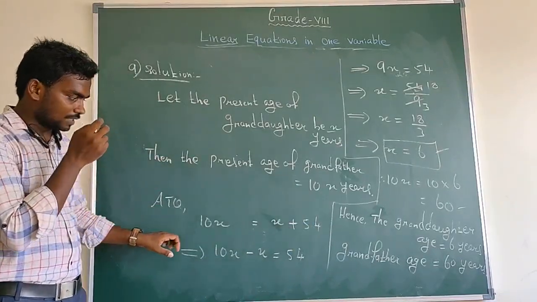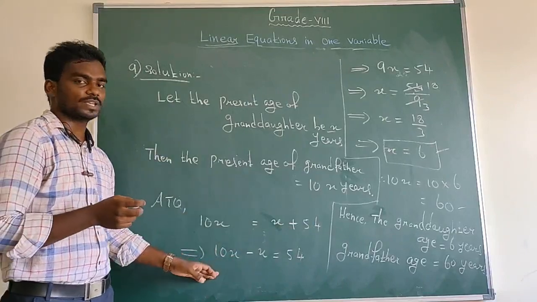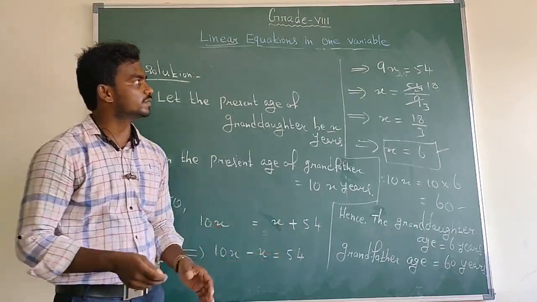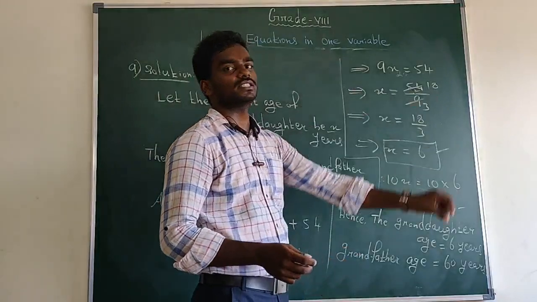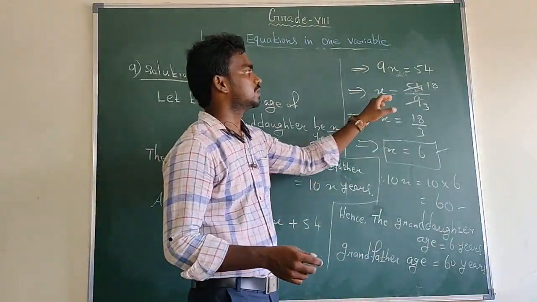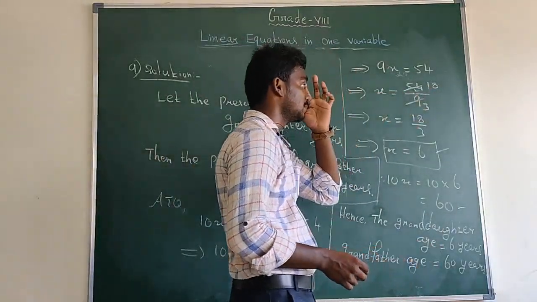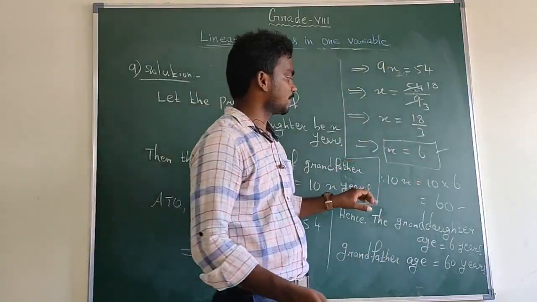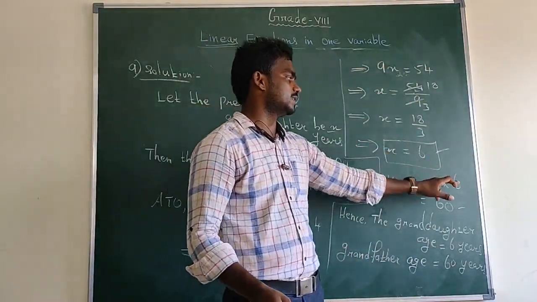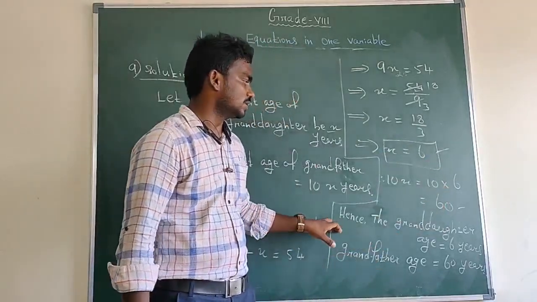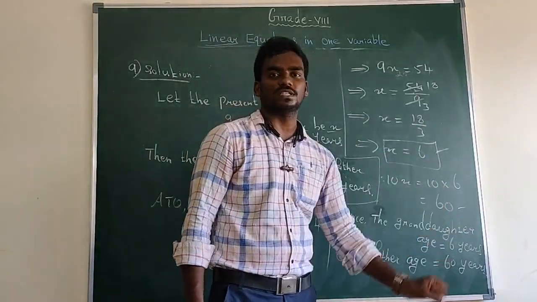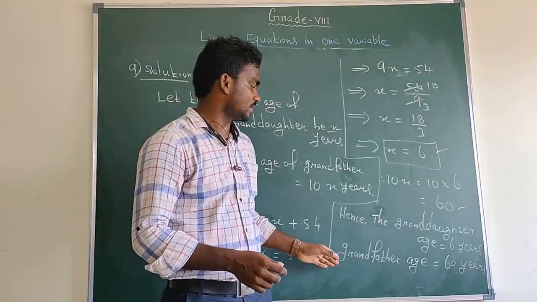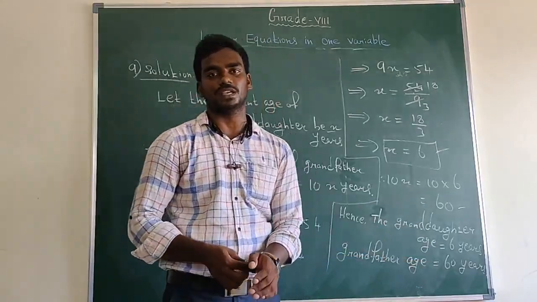Transposing x, 10x minus x is equal to 54, which implies 9x is equal to 54. That means x is equal to 54 divided by 9, which is 18 by 3, and that value is 6. So x is equal to 6, and 10x is equal to 10 multiplied by 6, which is 60. So the granddaughter's age is 6 years and her grandfather's age is 60 years.